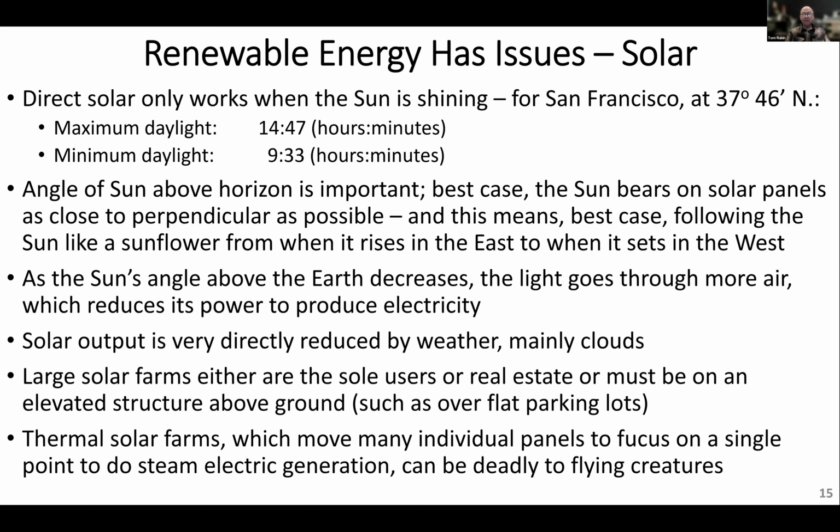And then, of course, we have weather, mainly clouds. Okay. Now, also, you've got the real estate requirements. If you have large solar farms, you're basically taking up the entire land. But solar can be put in small increments, such as on residential roofs.